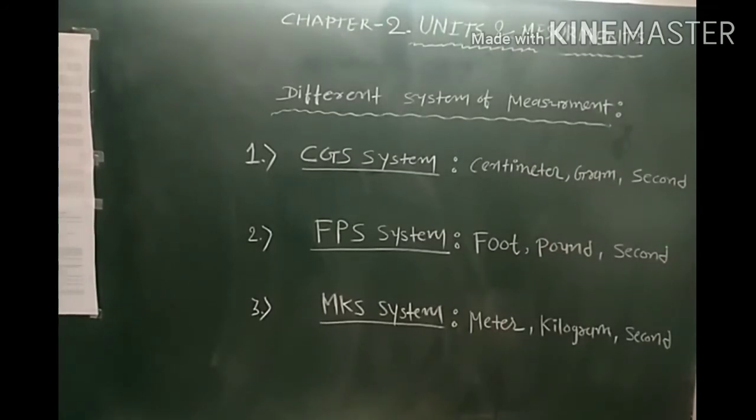The third is the MKS system, where length is measured in meter, mass in kilogram, and time in second. In India, for example, we used to have the seer, and that was our Indian unit.